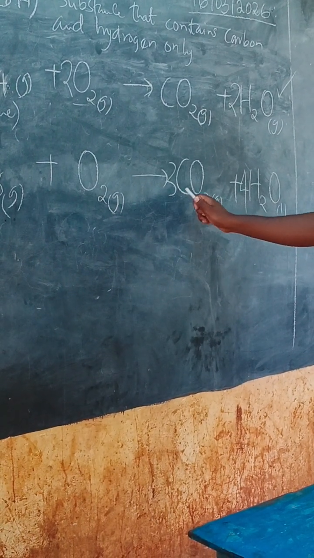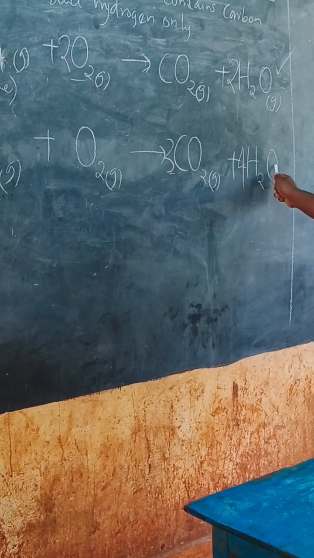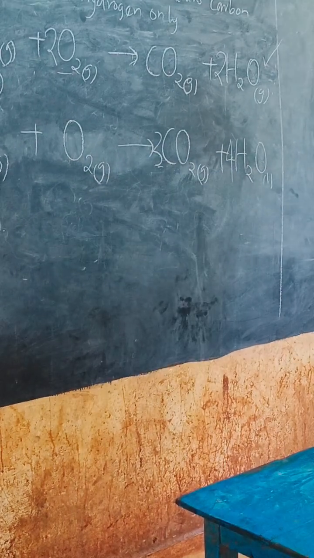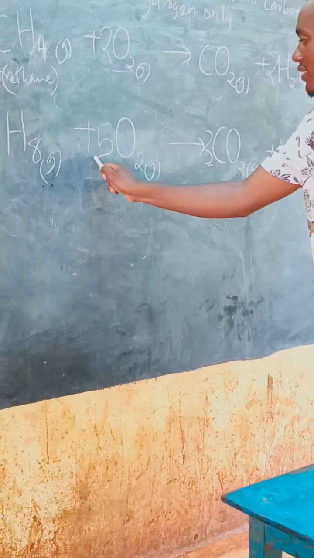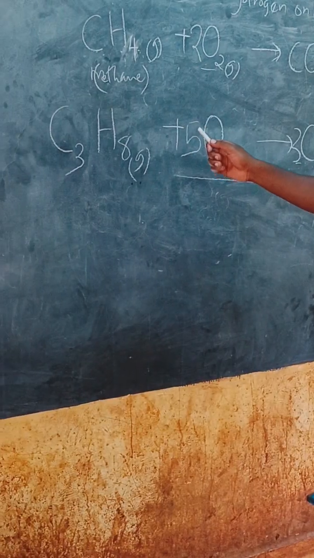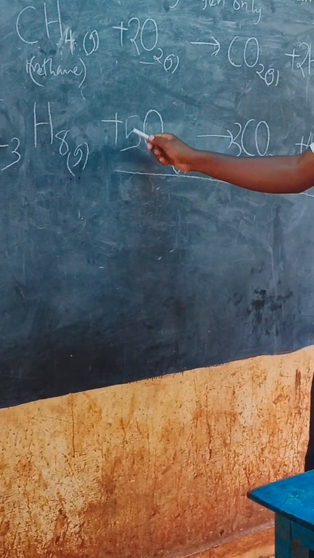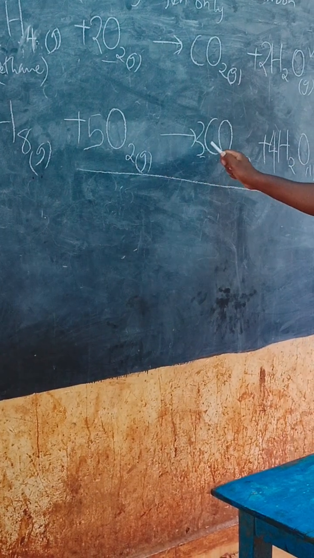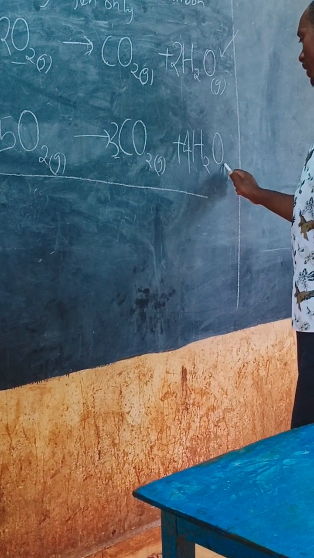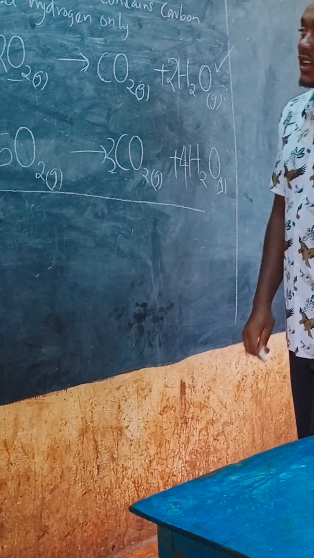But oxygen, 3 times 2 is 6. 4 times 1 oxygen is 4, plus 6, it's 10. So I will put a 5 here to balance that equation. Therefore, when you burn 1 mole of propane, because we don't have a coefficient there, it burns in 5 moles of oxygen gas to give 3 moles of carbon dioxide gas and 4 moles of steam. Water can be gas or liquid, and that is combustion.